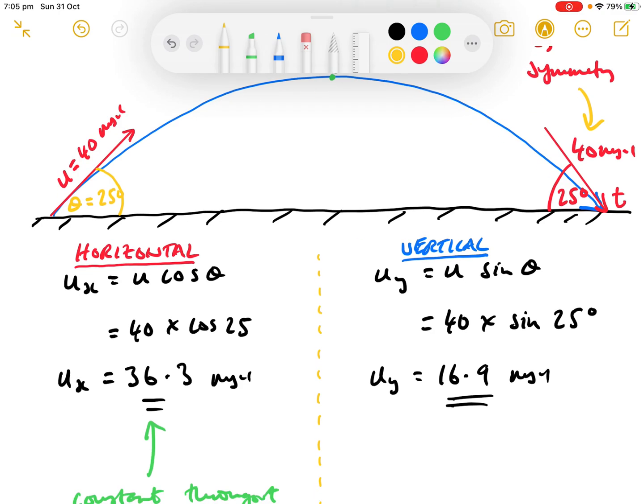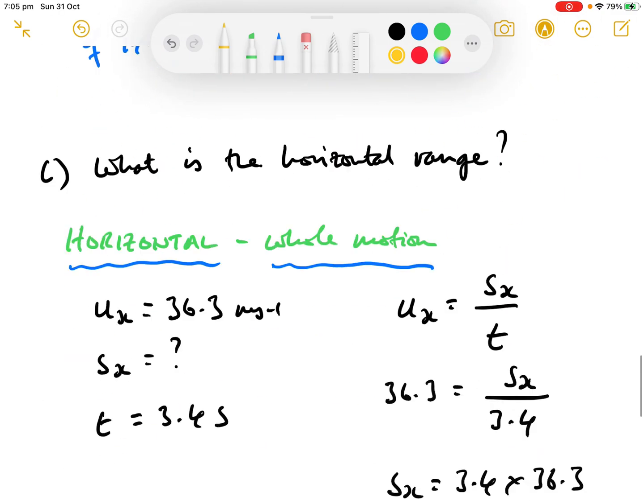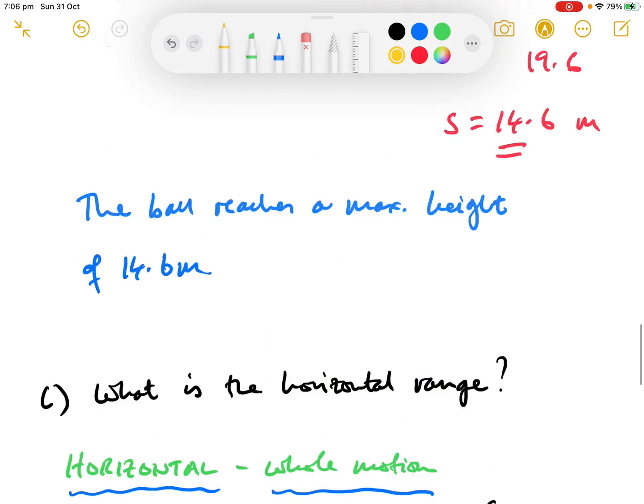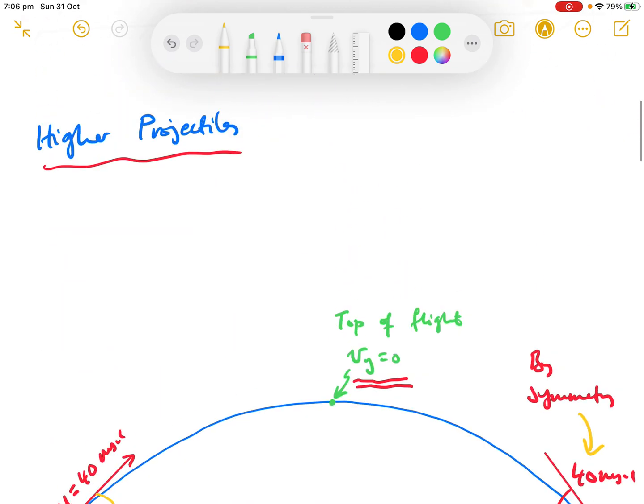Okay, and so we can, let's write the answer to that, I suppose. So by symmetry, 40 meters per second at, what did we say it was, 25 degrees?